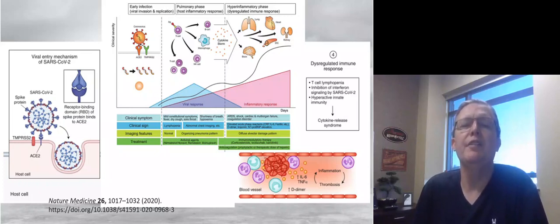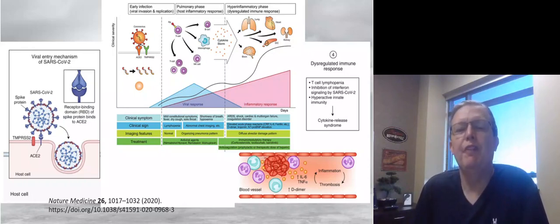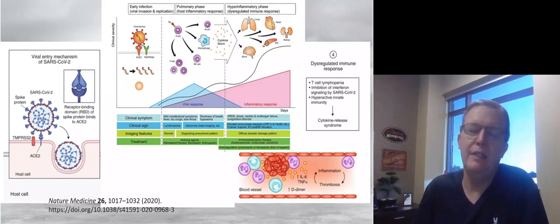So in this pulmonary phase, this is where T cells begin to become damaged, where different phases of the inflammatory response begin to release inflammatory cytokines, which are a lot of what produces the symptoms that we encounter, the achiness, the sore throat, the cough, all of those kind of effects of the immune response.